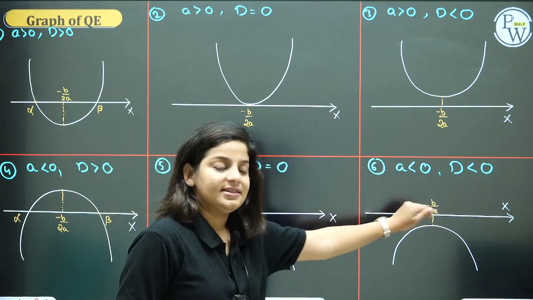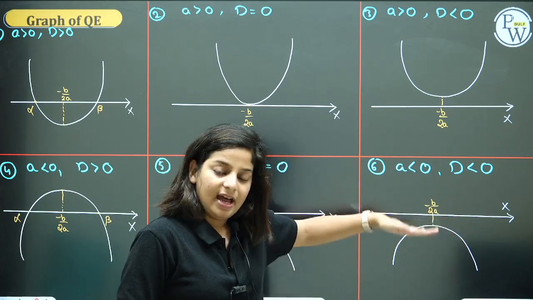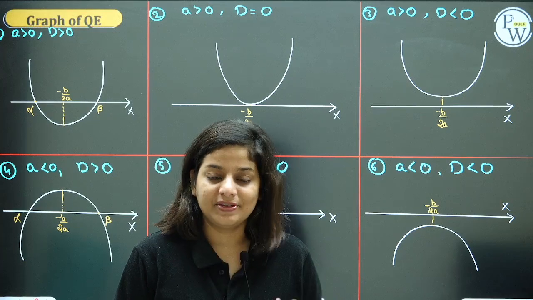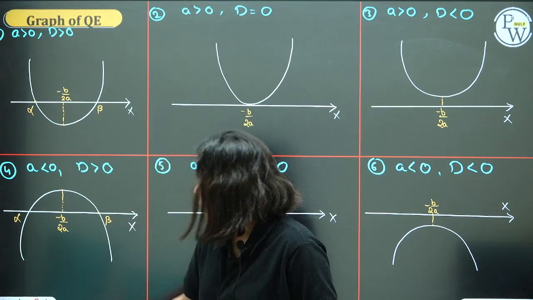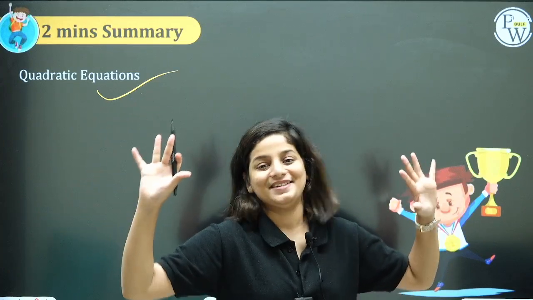And if D is less than 0, it is not touching the x-axis, it is lying in the air downwards: imaginary, no real roots. That was all that I wanted to discuss for this chapter, quadratic equations.